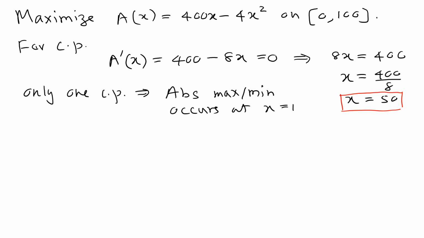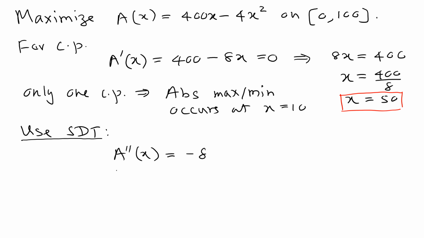Now we can use a secondary test to check what kind of maximum we have here. So we use the second derivative test. The second derivative for this one is easy to find. The second derivative is -8. This is true for any x.